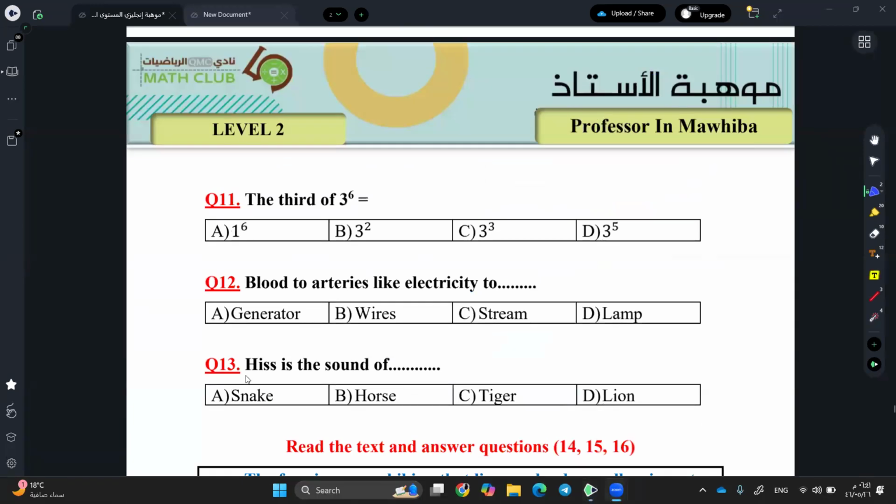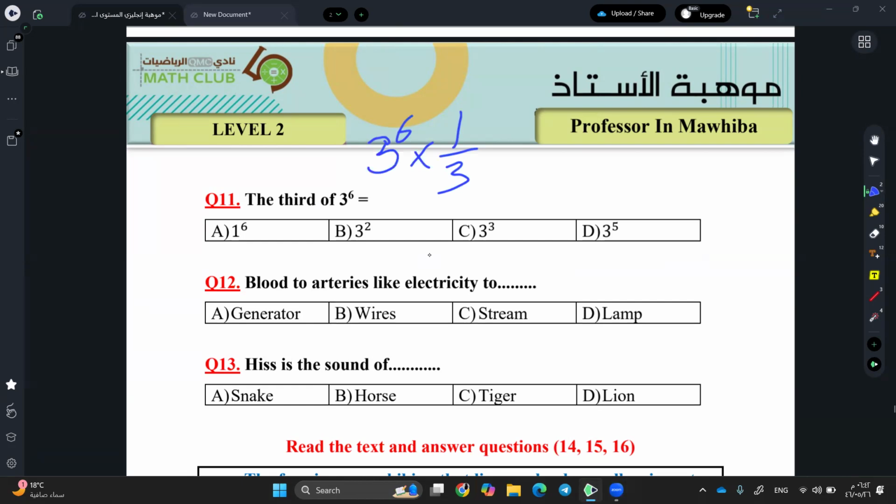Can I answer it? 11? Yes. The answer is C, because every time you add a number, you have to multiply by 3. Okay, so you have here third of 3 over 3 power of 6. 3 power of 6 times third, right? So you're going to take a third, right?